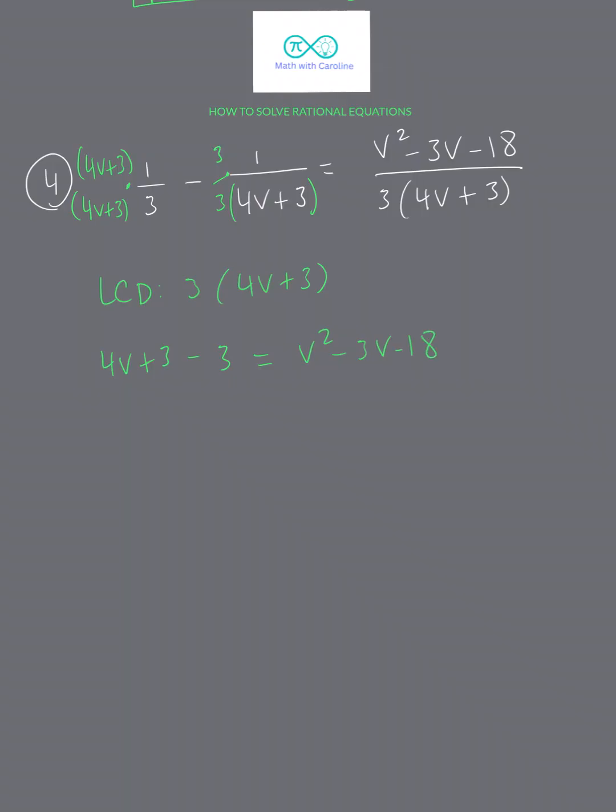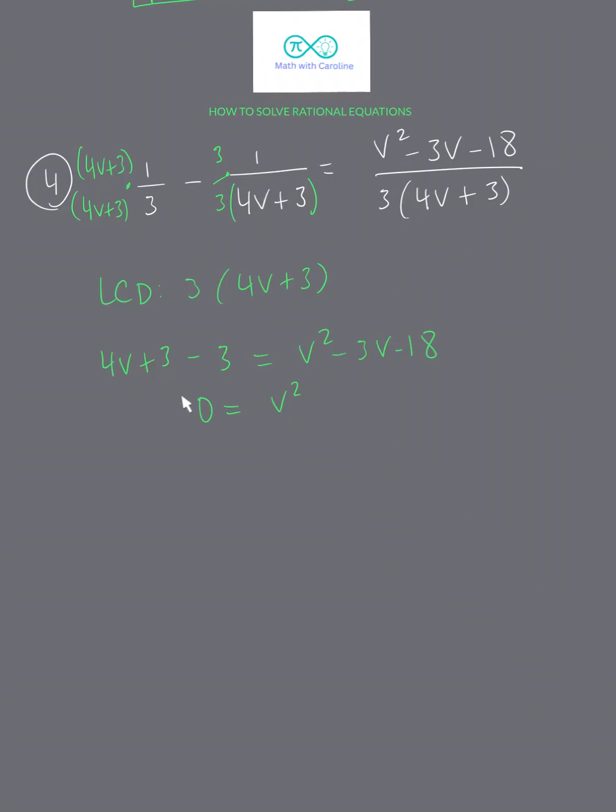Now I want to set this equation equal to 0. So last time I subtracted everything and had my quadratic equation on the left. It doesn't matter if it's on the left or on the right. What I would really like is that my quadratic term is positive. So in this case, I'm going to leave everything on the right side since I already had this v squared.